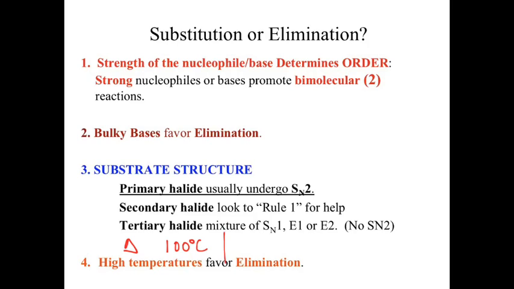Another thing that you might see would be 0 degrees Celsius. Well, 0 degrees Celsius is cold. That is actually saying that I want to do a substitution reaction, not an elimination. So we can add heat or we can not add heat, as the case may be.